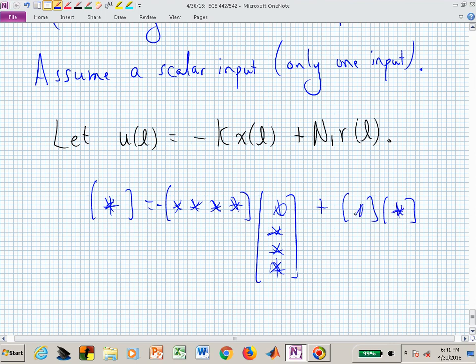And if we have one reference input, then N sub 1 is 1 by 1. It has to be compatible. So we have a 1 by 1 equal to a 1 by 4 times a 4 by 1, again giving a 1 by 1. Those sum up to give us a 1 by 1. That's what Kx plus Nr could represent.